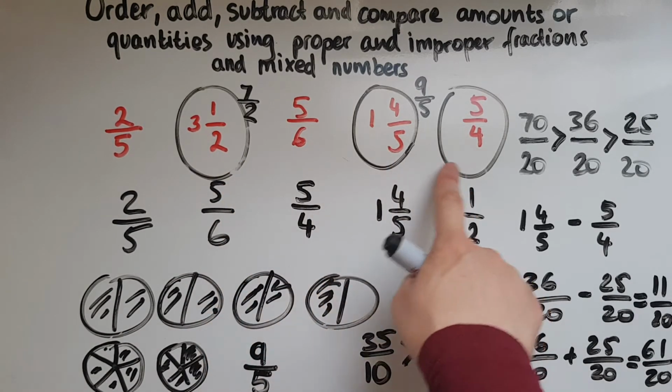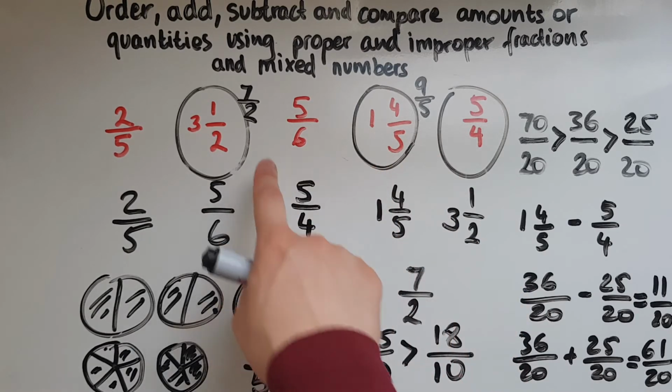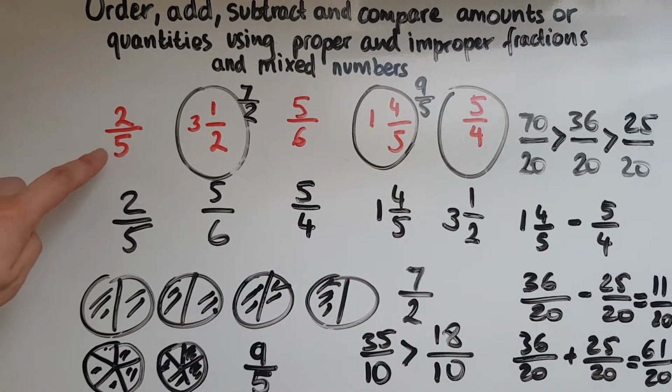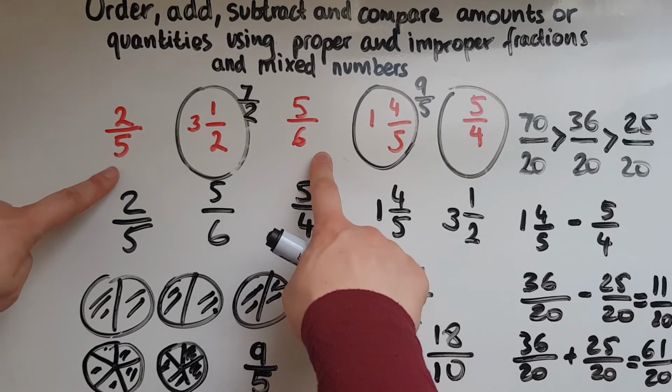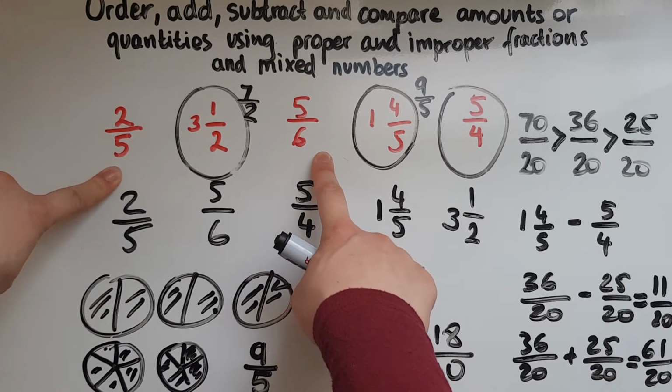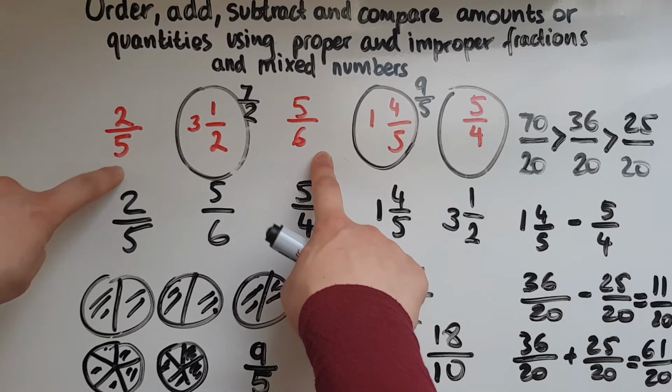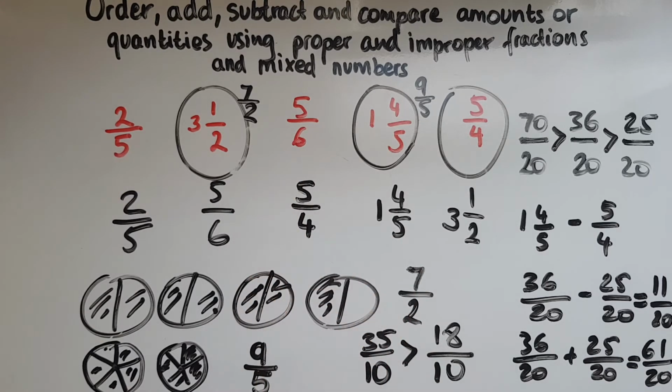That was the most important bit, or the hardest bit to do, because with these two, it must have been even easier, because we converted them to make them with a denominator of 30, because 5 times 6 was 30.